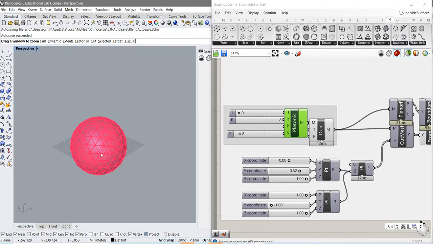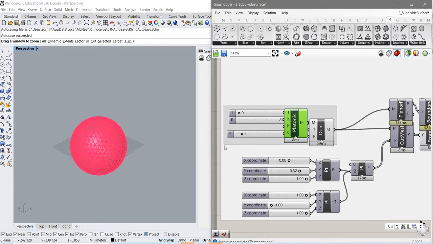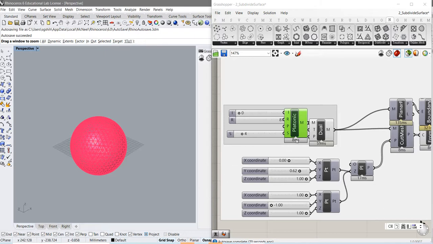And in the third level, each triangle will be divided into 16 triangles. So now it will consist of 1,280 triangles for the entire sphere.